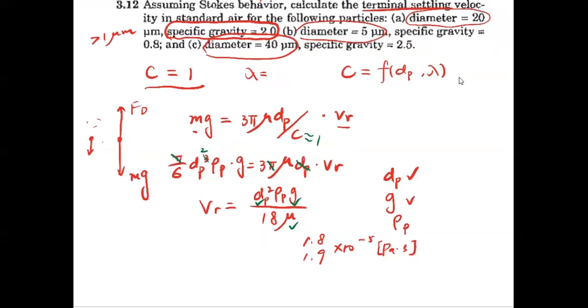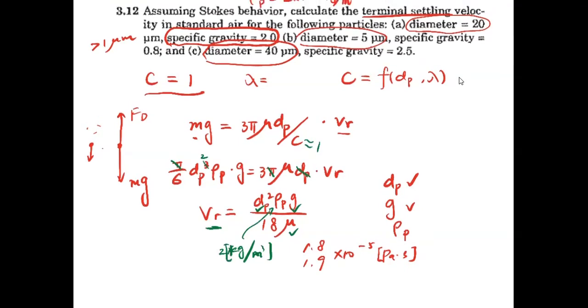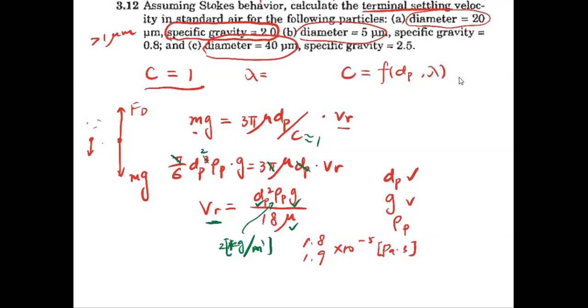So I saw that some of you actually directly plug in the particle density as 2 kilogram per meter cube. So you get very, very small answers for the settling velocity. Actually this is a very small value because the air density, we're not talking about the particles, the air density is around 1 kilogram per meter cube.